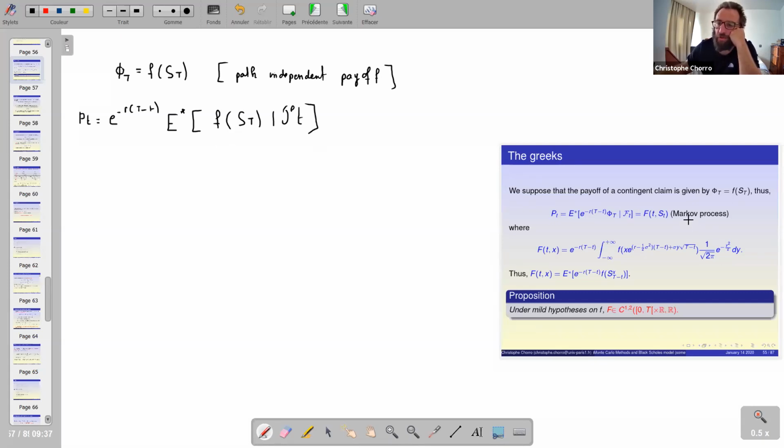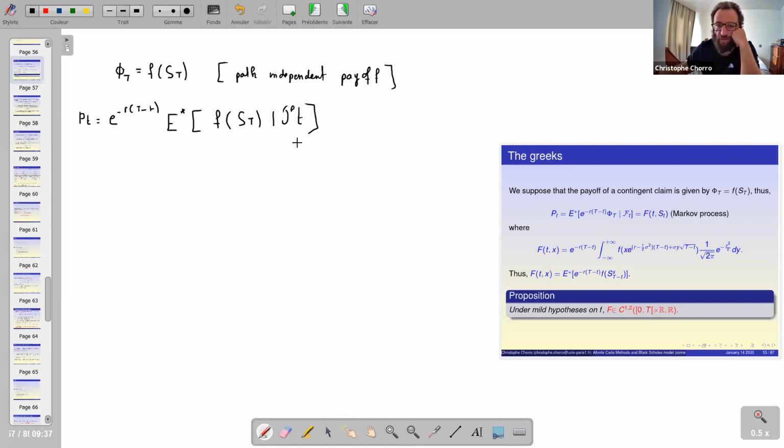If I know my course of stochastic calculus, I know that the risky asset is a solution of a stochastic differential equation, so it's a Markov process. And so this conditional expectation will be obtained as a function of the time t and of S_t, that is the value of the risky asset at time t.